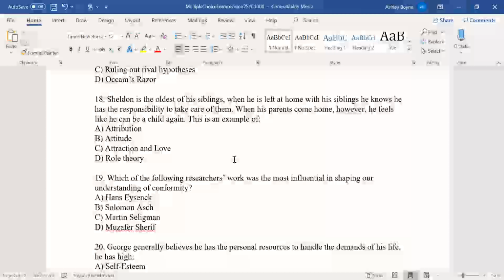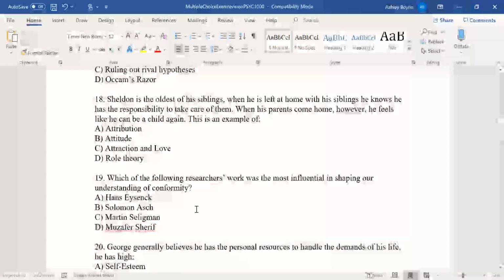Alrighty, so number 17. Milgram examined other explanations for obedience and was able to manipulate the independent variables such as the amount of feedback and proximity from the learner to the teacher, and the physical proximity and prestige of the experimenter.